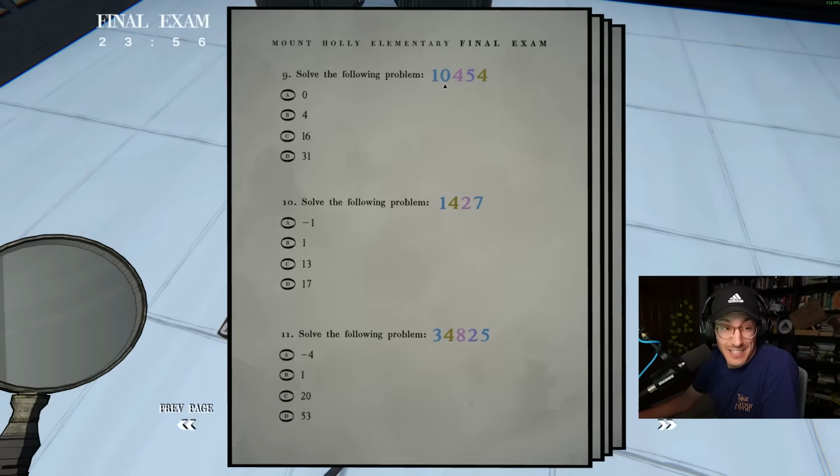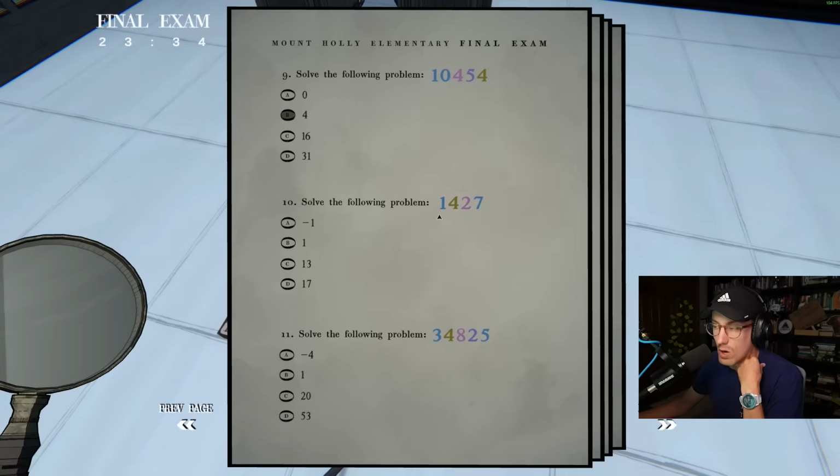Let's call that 10. Times 4 is 40. Divided by 5 is 8. Minus 4 is 4. Yeah, that's got to be it, because the other way does not work out. The other way does not work out if it's 1 plus 0, etc., etc.